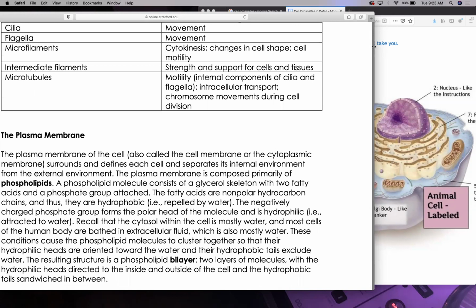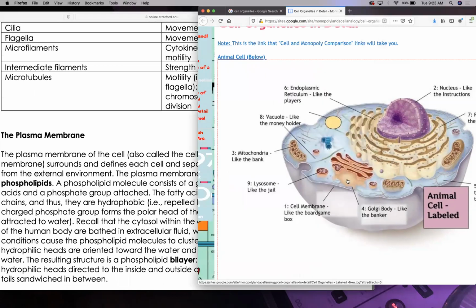So let's now look at this plasma membrane a little bit more closely. Now, what's the plasma membrane? This thing right here. Okay, it's the covering of the cell. The nuclear membrane, this thing right here, is the covering of the nucleus. But we also have a covering of the cell as a whole, all the way out here.